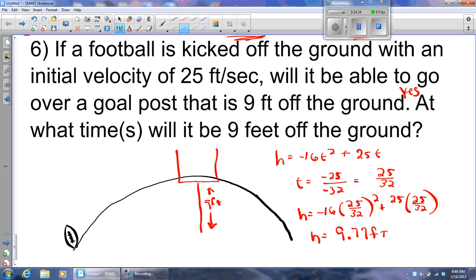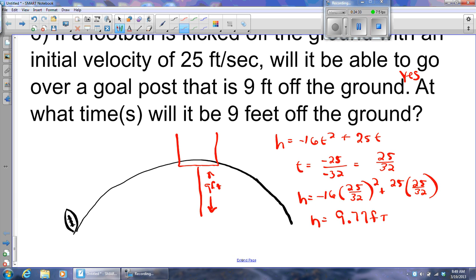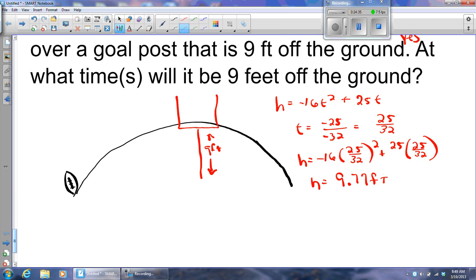Now, at what time will it reach 9 feet off the ground? Well, here I'm going to plug 9 in for my ending height and solve for t. So 9 equals negative 16 t squared plus 25 t. I will subtract 9 from both sides, so 0 equals negative 16 t squared plus 25 t minus 9.